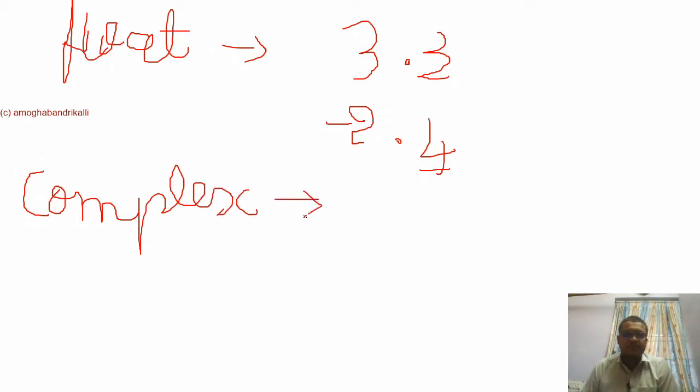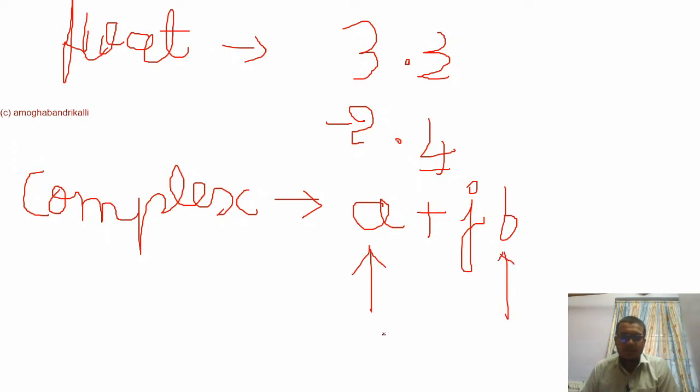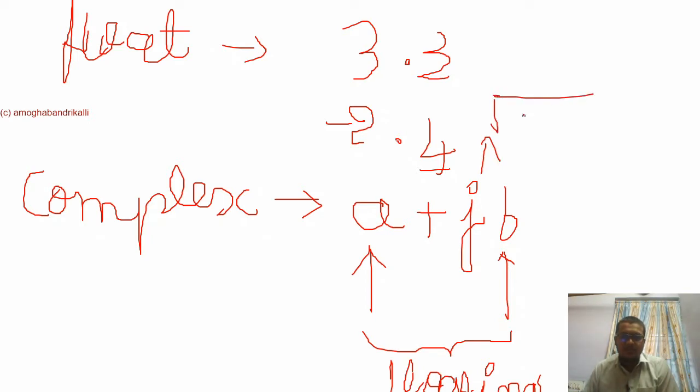The complex type will be in the format of a plus jb. Here a and b are floating point numbers. j means the square root of -1.